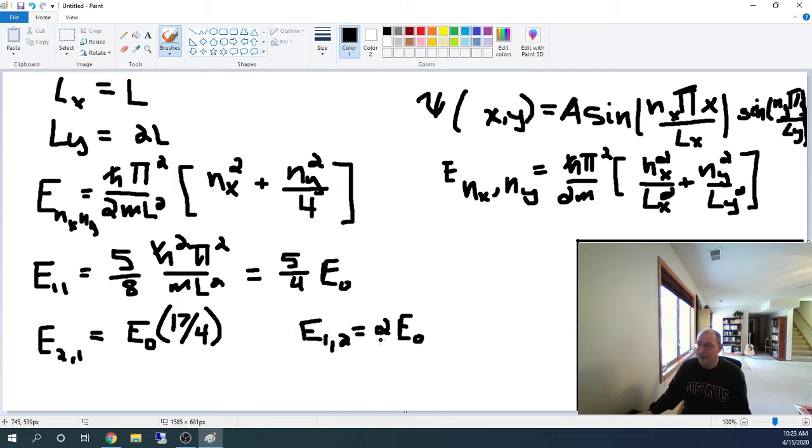And then what if I went to E13? What does that look like? How does that differ from this one and compared to this one? Well, obviously it's going to go up in energy, but let's check by how much. That's going to be E0 times, well, now what's in our brackets here?